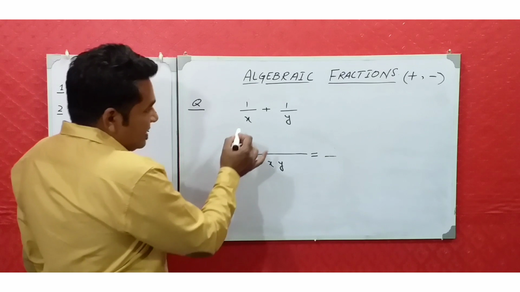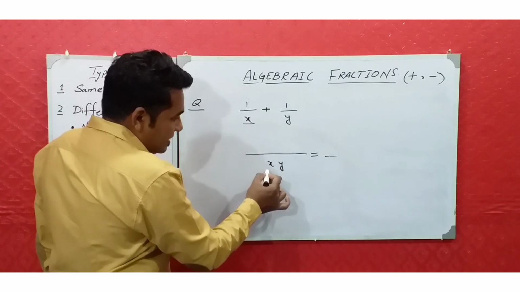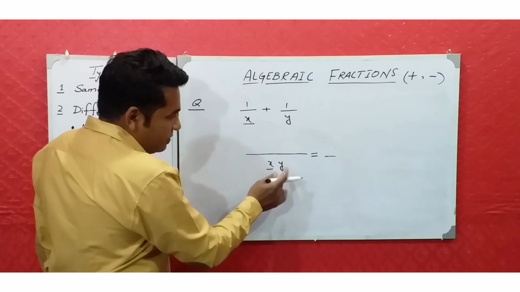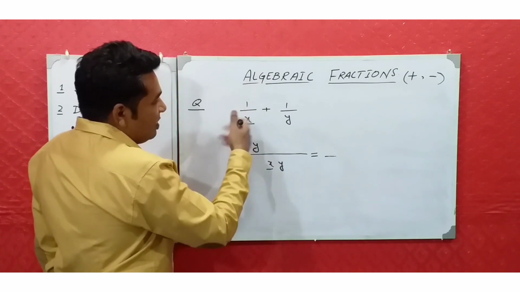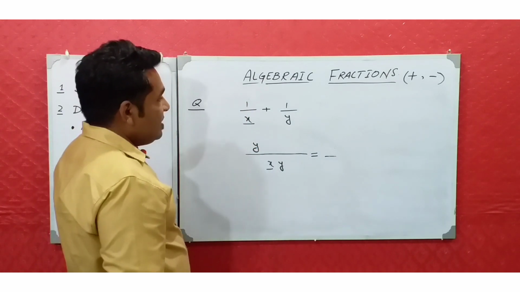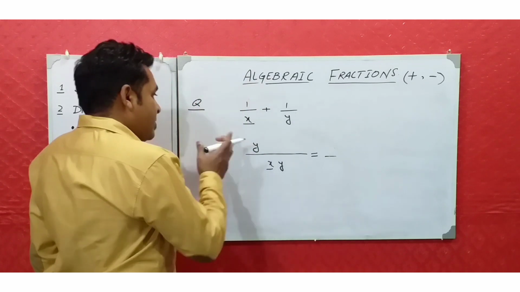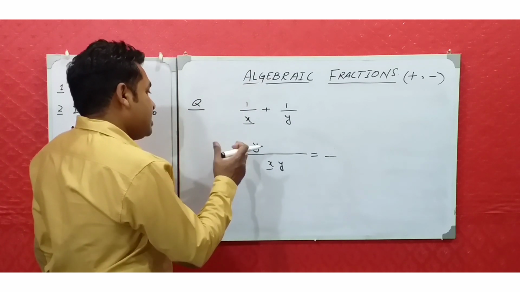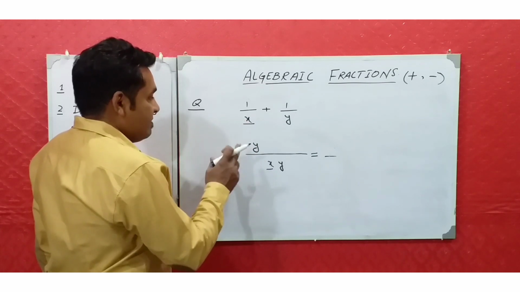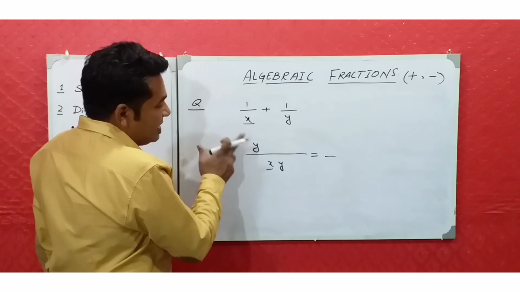Now you can see that x is present in the first fraction's denominator and here in the LCM. So y is left over. This y will multiply by 1, and it will become y, because 1 is the multiplicative identity. Its property is that when it multiplies with something, that something remains the same. In this case something is y, so y multiplied by 1 is y.